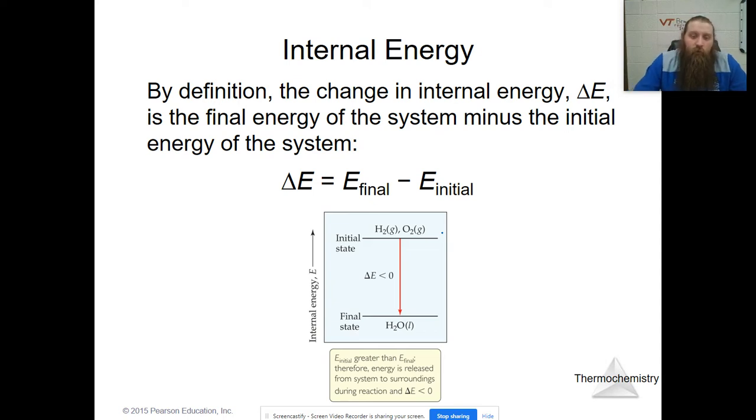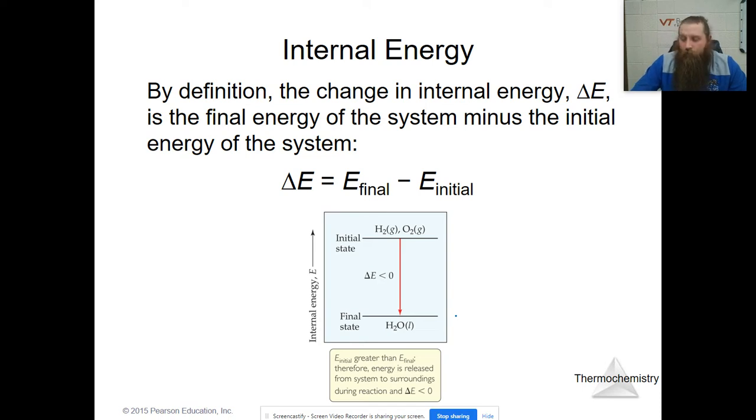Now, another way you can look at this instead of Q and W is E final minus E initial, right? The change in the energy in the system is equal to the final state, whatever that value is, minus the initial state. When you have the initial energy greater than the final energy, then your delta E is going to be less than 0. That means you're releasing energy.